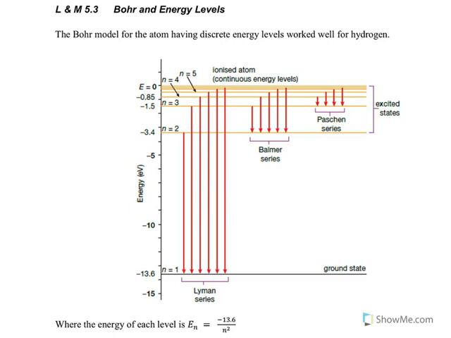Bohr and energy levels. Bohr came up with this mathematical model, and there it is down the bottom here for the energy levels depending on what n is. The energy of that level is negative 13.6 over n squared electron volts.